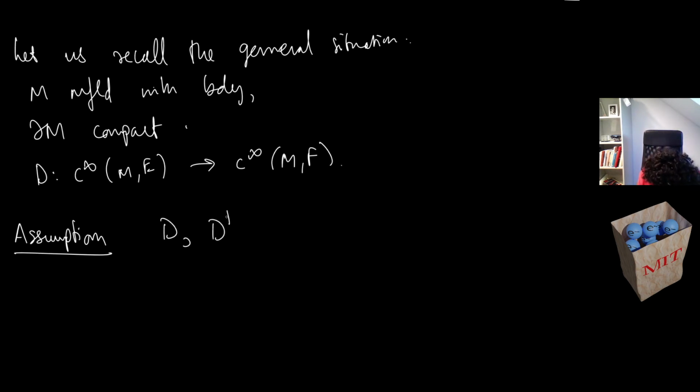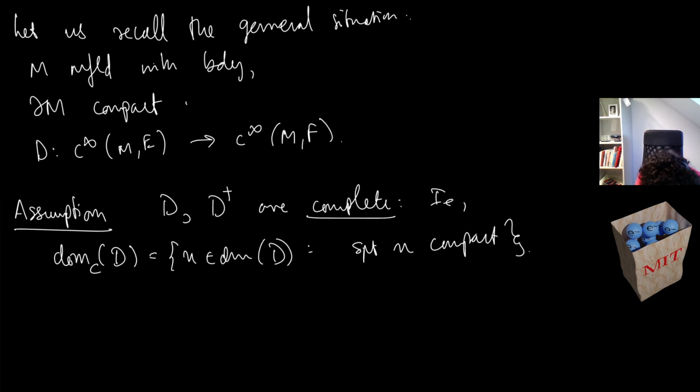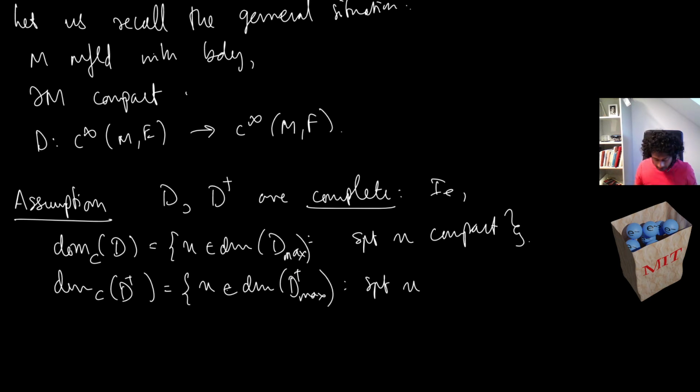That the operators D and D dagger are complete, by which I mean, say, dom_c D, which is the set of U in dom D max such that the support of U is compact, and dom_c D dagger, which is the set of U in dom D dagger max such that the support is compact.